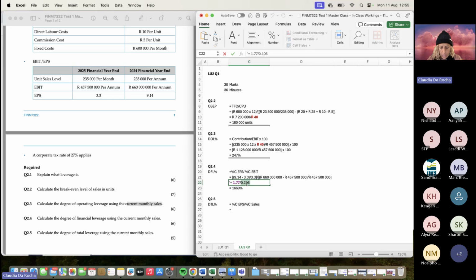It's actually our 0.44. Okay, it gives you 42%. Just fix that. Then here we've got a percentage change in EPS, which would be the number in purple, because that's exactly what we had before.